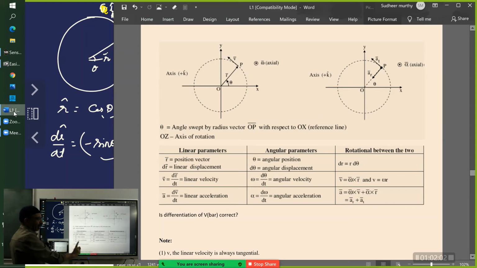But we have got here V bar is equal to omega bar cross R bar. Then where is the fallacy? Listen here.